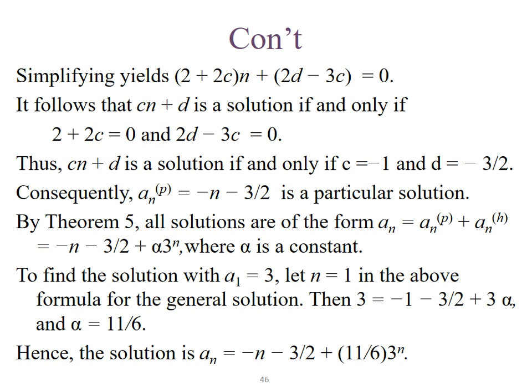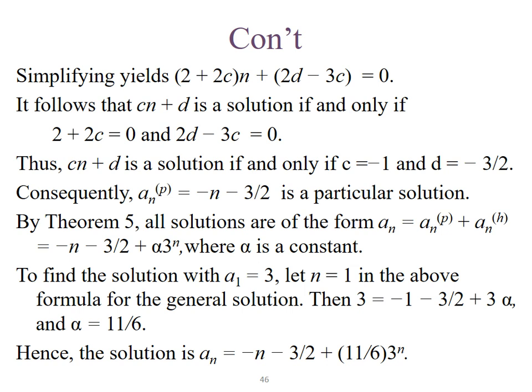So we have (2 + 2c)n + (2d + 3c) = 0. So cn + d is a solution of this equation if both terms are 0.